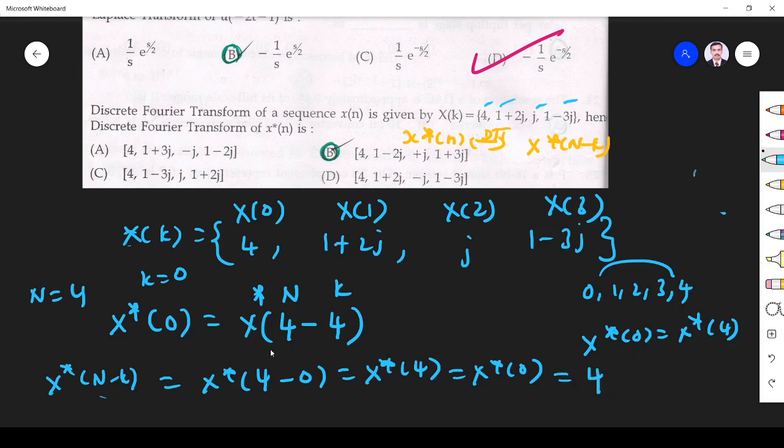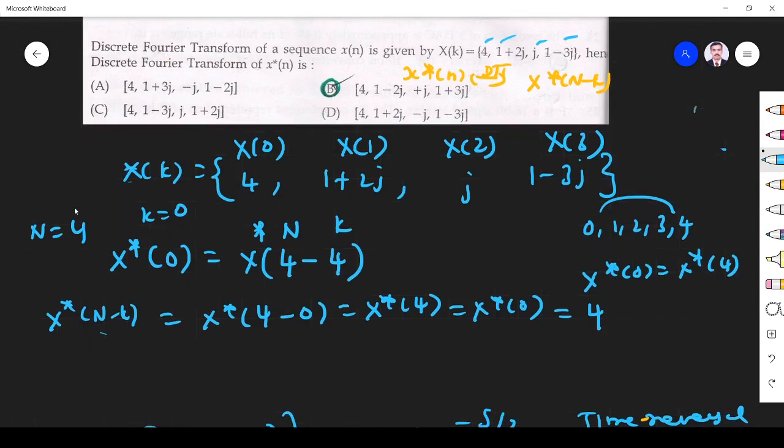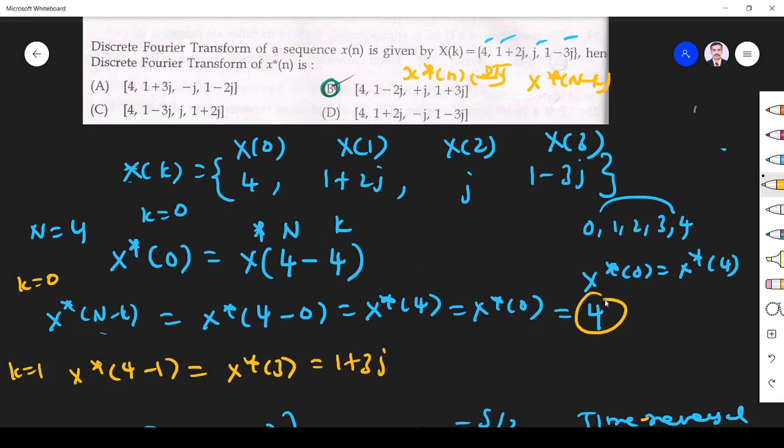Clear? This is k0. Next I want to find k is equal to 1. That is X star of N minus k1, so X star of 3. X of 3 is 1 minus 3j, so X star of 3 is 1 plus 3j. So this is k0, k1.